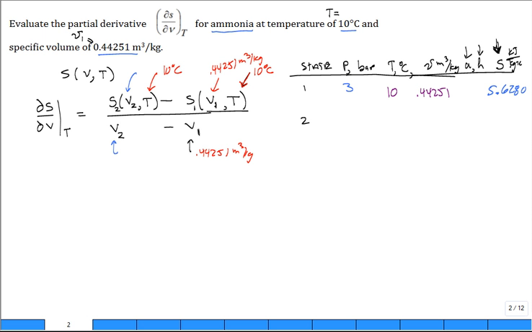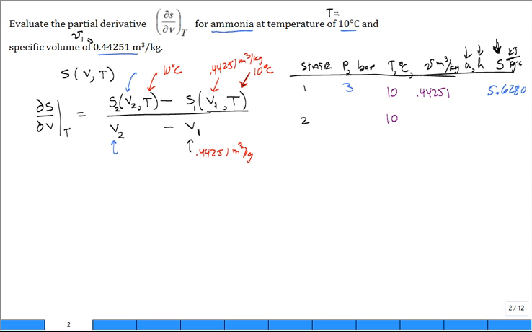Well, where do I find that second state? Again, what do I know about that second state? I know the temperature. True? And I have to find it with a slightly different specific volume. If you had the appendices in front of you, anybody want to suggest what we do?